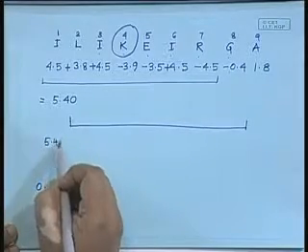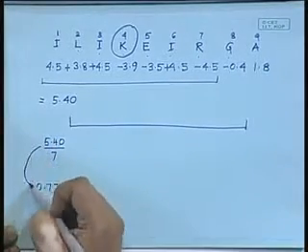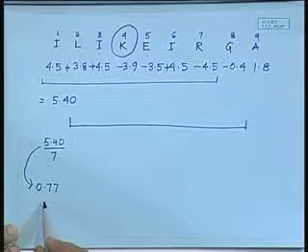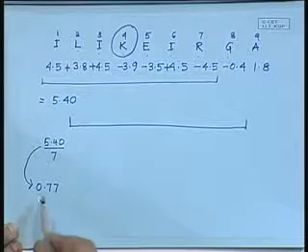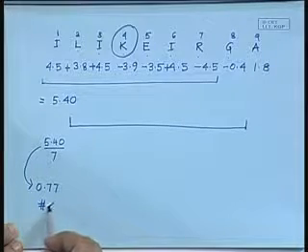So, 5.40 divided by 7 gave me 0.77, which is assigned to the central residue, residue number 4.